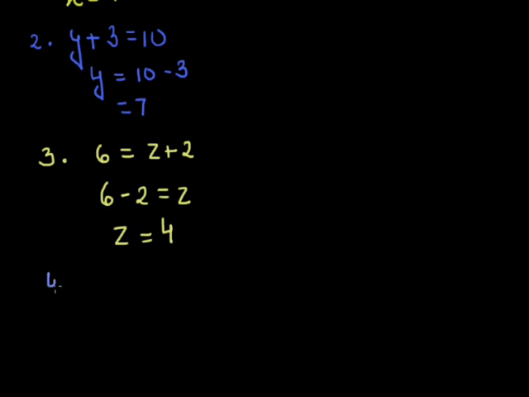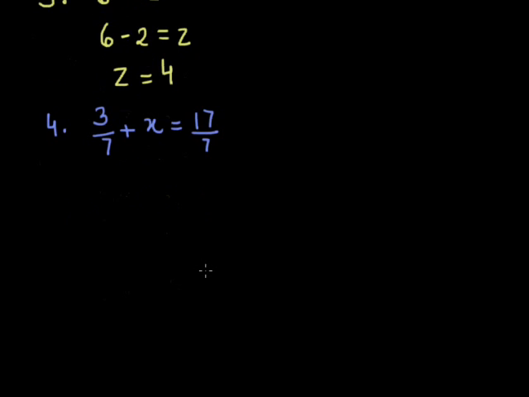Now the fourth question: 3 upon 7 plus x is equal to 17 upon 7. Again, I have to keep the variable on one side and move the constants to the other side. Here x is the variable and 3 by 7 and 17 by 7 are the constants. So I will move 3 by 7 to the right-hand side.